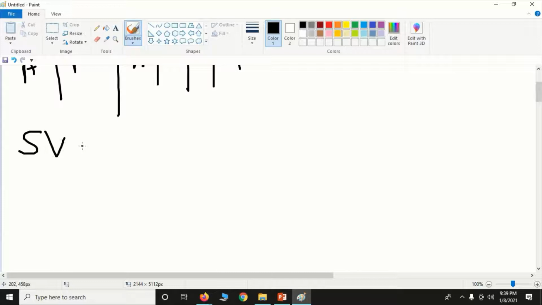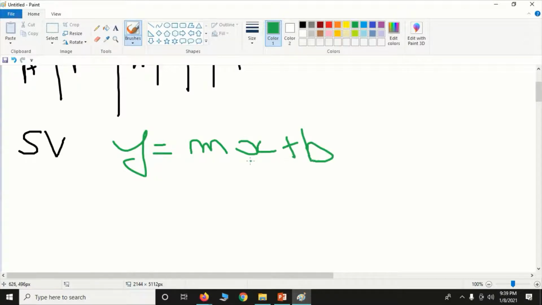Previously, for single variable, the hypothesis was y equal to mx plus b. There was only one x value. Now we change it for multiple variable, or multivariate.